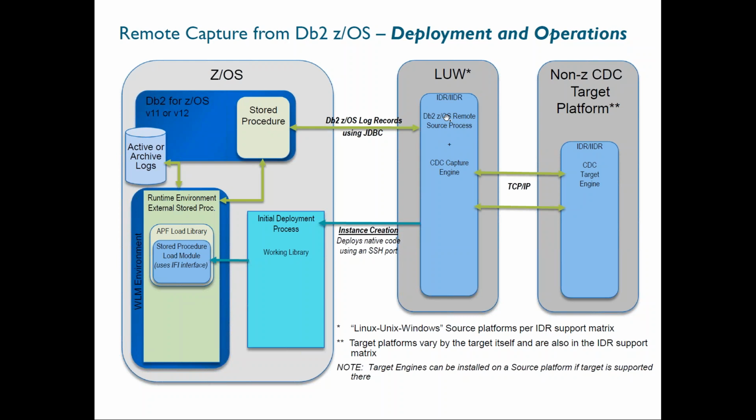But more likely you're going to be on Linux, and you're going to execute the stored procedure, which is going to scrape the log, return the log records back to the LUW process, and then be able to capture that data and send it down the pipe to whatever your target is. So this could be another DB2 for z/OS. This could be Hadoop or Kafka or Oracle or whatever it is that you need.